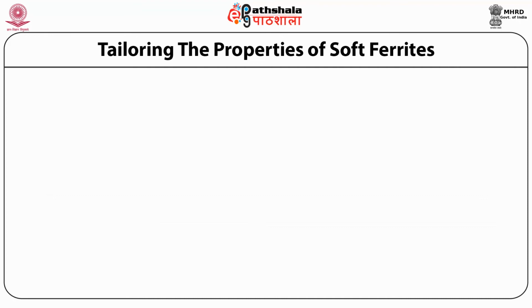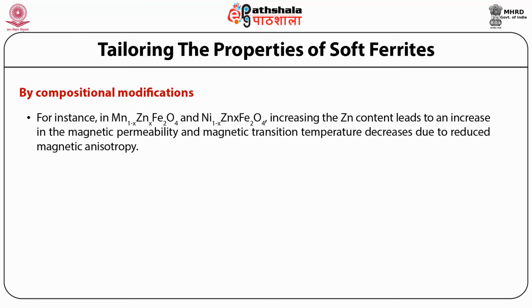Tailoring, improving the properties of soft materials. It can be tailored by compositional modifications. For instance, in Mn zinc ferrite and nickel zinc ferrite, increasing the content of zinc leads to an increase in the magnetic permeability, and the magnetic transition temperature decreases due to reduced magnetic anisotropy.